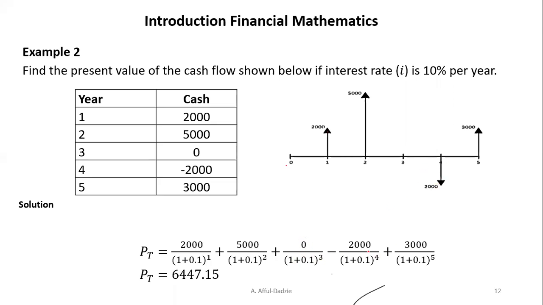Then this was an outflow, so you have a negative 2,000. Then plus the last period, it is an inflow again of 3,000, which we discount. So what we are doing here is discounting the values, or discounting the cash flows. With all these cash flows, expecting today, all these sums would be 6,447.15, okay? So the present value of this cash flow is this.